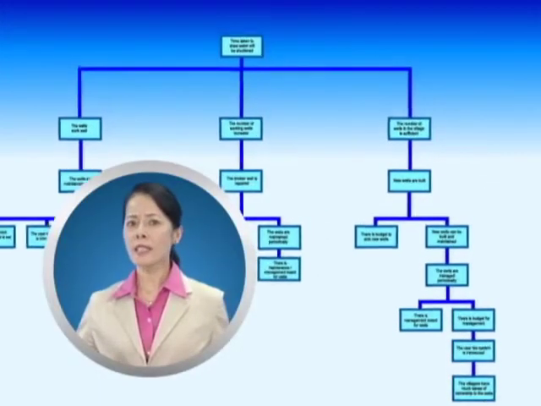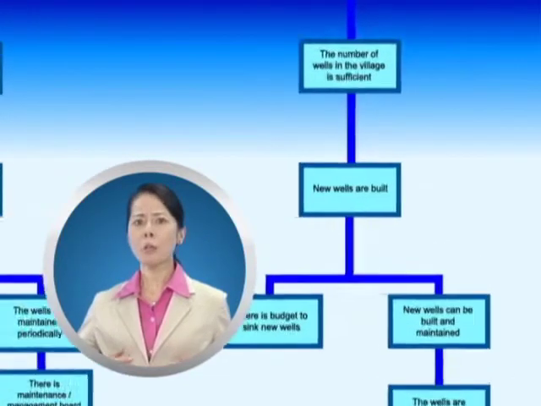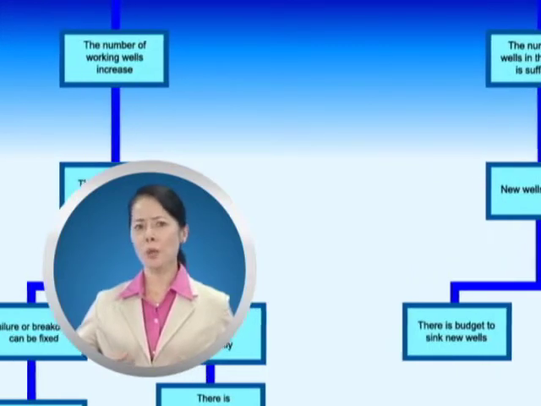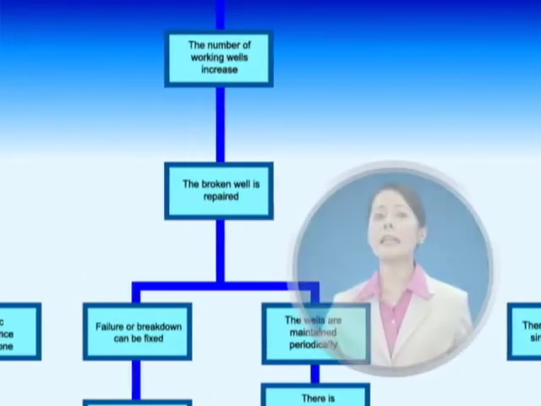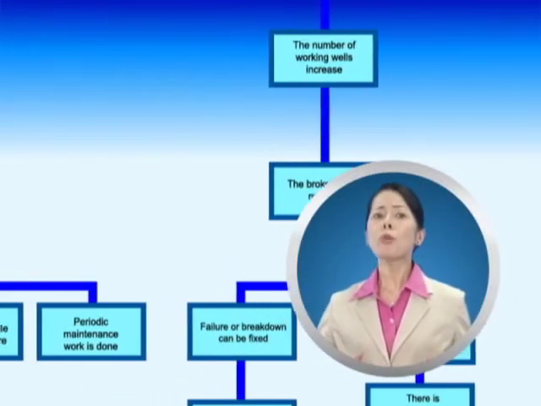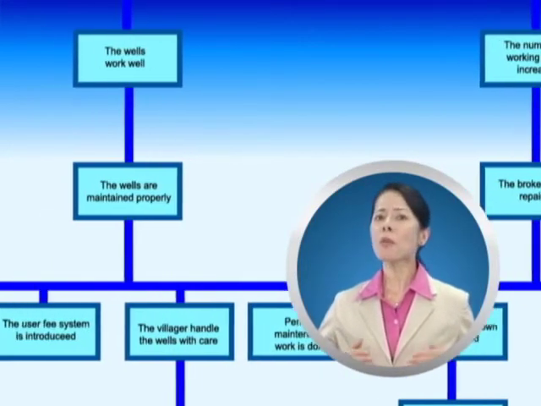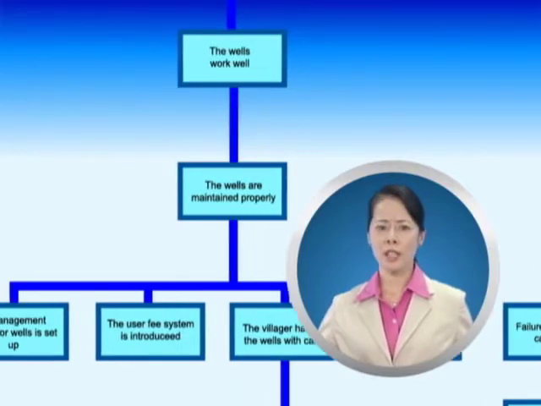In this process, you may find a card in the objective tree that already has an achieved condition described. In such a case, please rewrite the card to describe actions that will lead to the achieved condition.